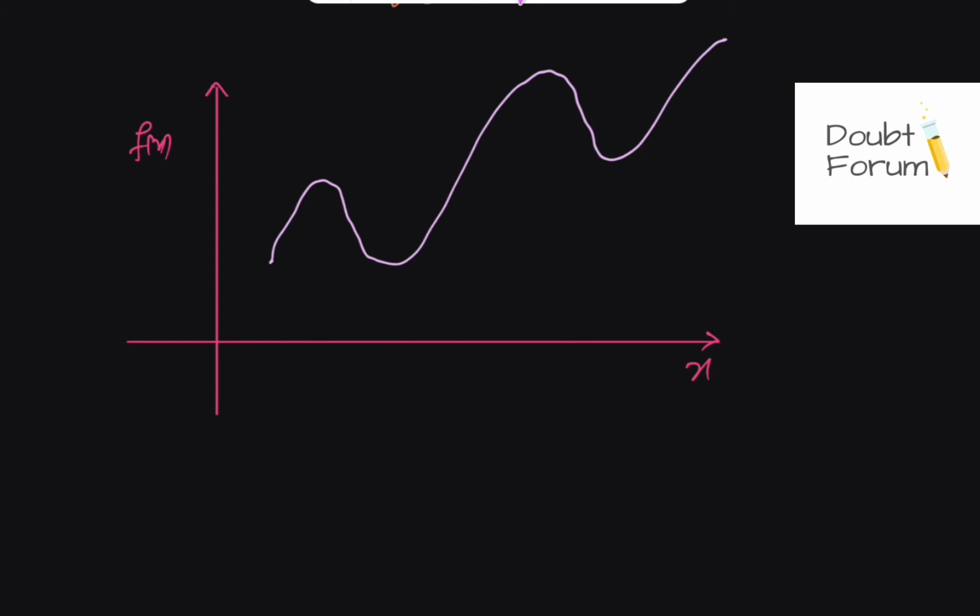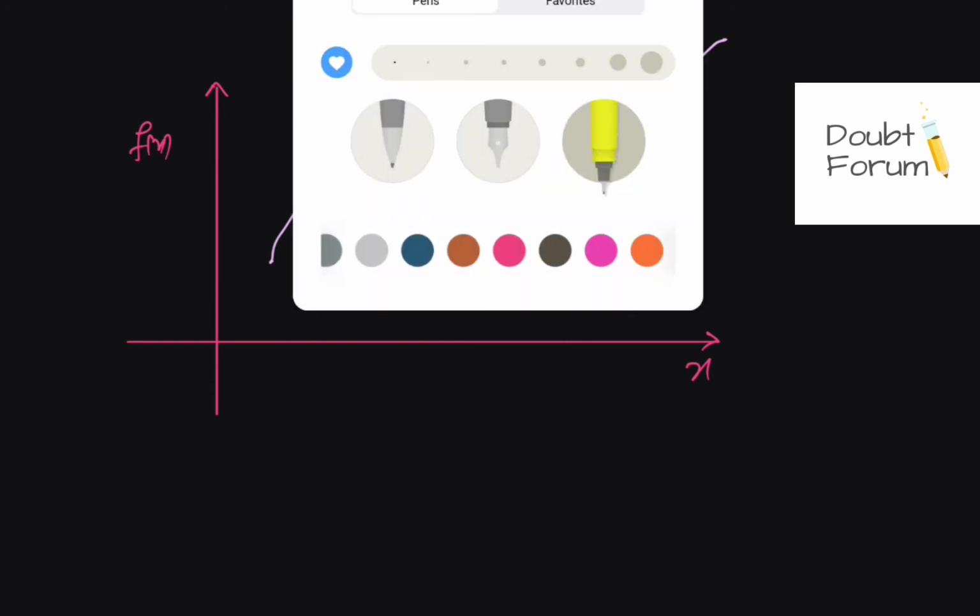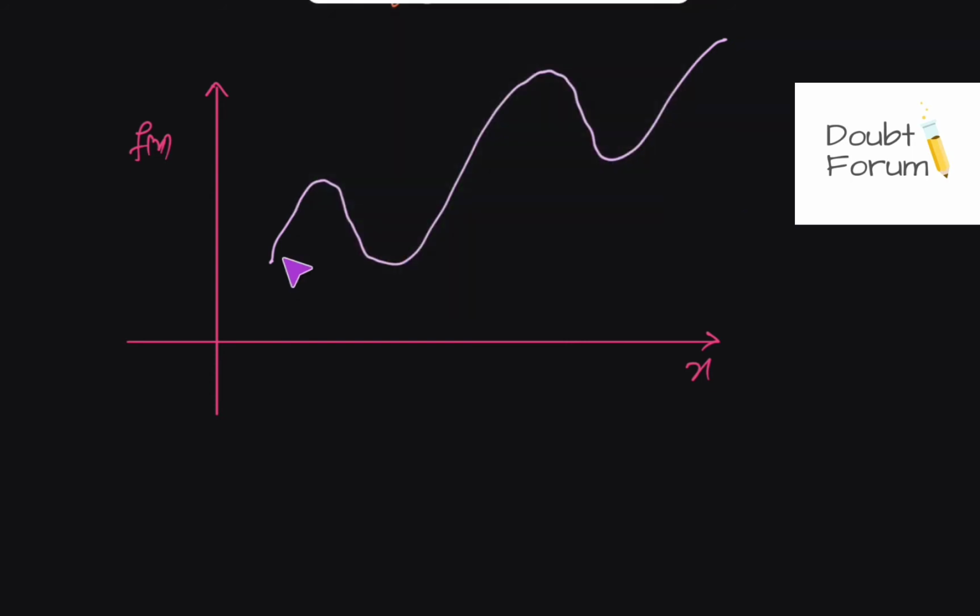Let me make it a little bit clear by extending it a little bit lower. As we can see, at this point of the graph, this point is representing the lowest value. Similarly, this point is representing the maximum value. When a graph is given, it's very easy to find the absolute minimum and absolute maximum.